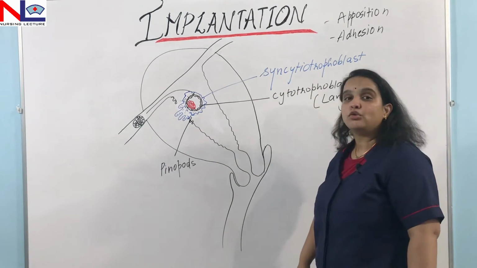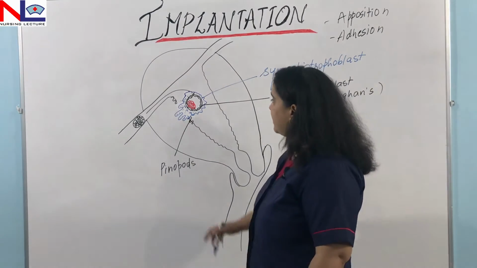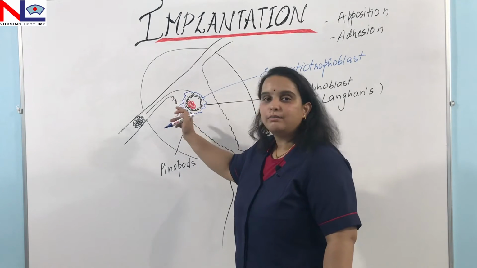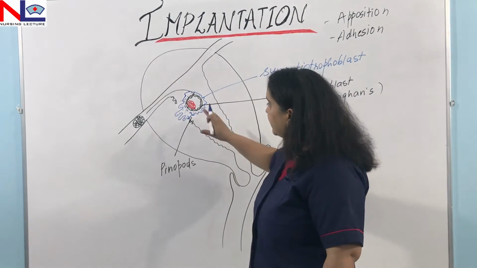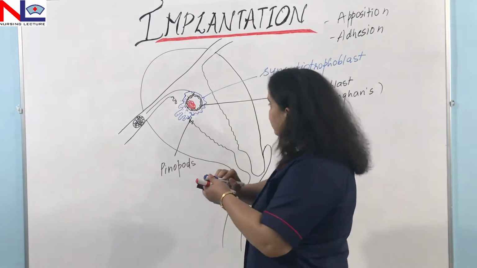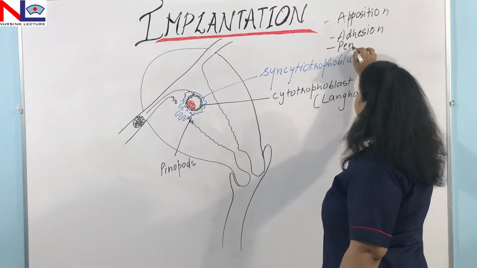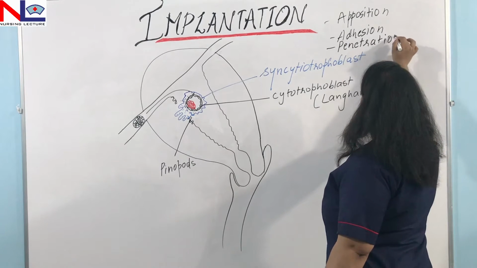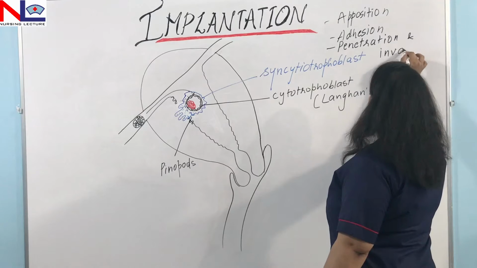Because this syncytiotrophoblastic cell releases some hydrolytic enzyme, and as it releases the hydrolytic enzyme, they start breaking stromal cells from the endometrial lining, and as this goes more and more, what is happening? Another step begins, that is called the penetration and the invasion.